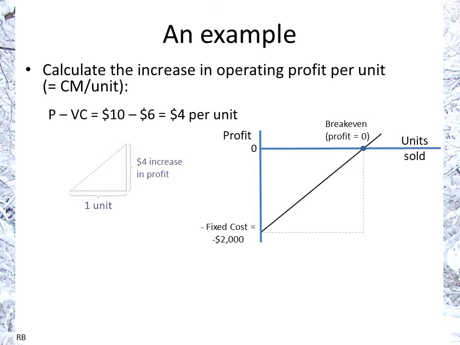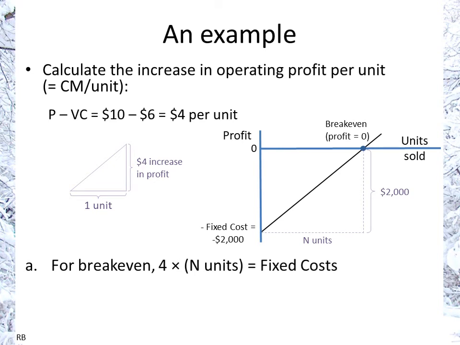And you'll see here on the x-axis, you need to sell n units. That's the break-even number of units. And on the y-axis, you have to recover the $2,000 of fixed costs. So to break even, 4 times the number of units will equal the fixed costs, because each unit gives you 4.